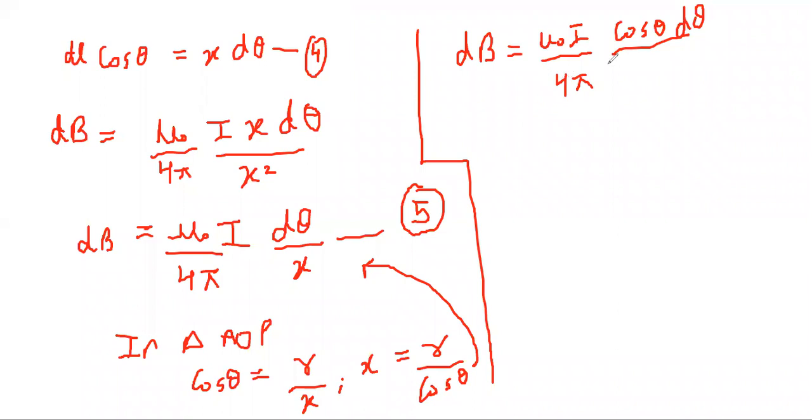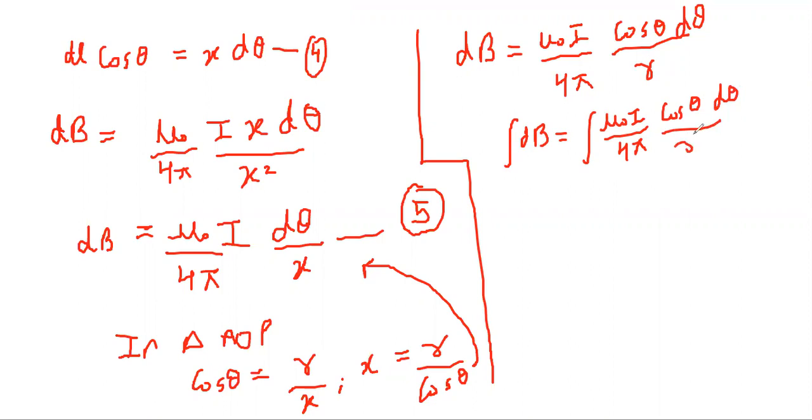So dB is equal to integration of mu naught I by 4 pi, cos theta d theta by r. Constant terms can be taken out. B is equal to mu naught I divided by 4 pi r. Cos theta becomes sin theta, and limits can be taken from theta 1 to theta 2, initial to final.